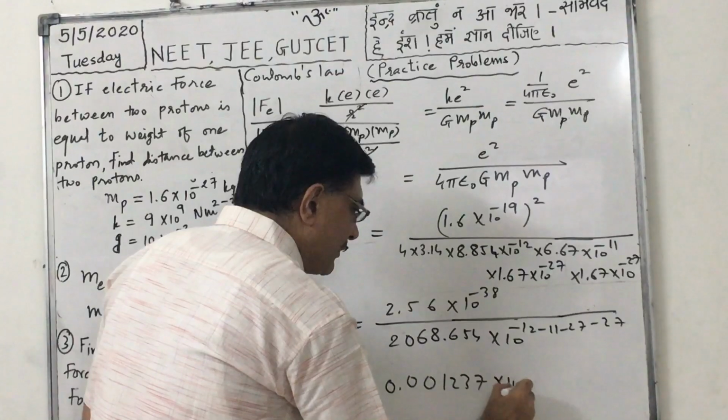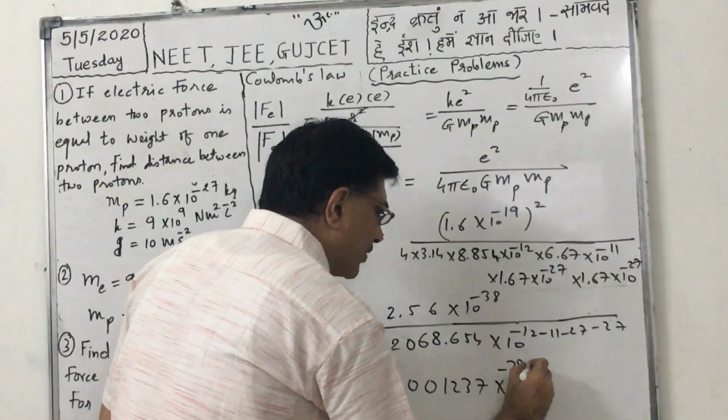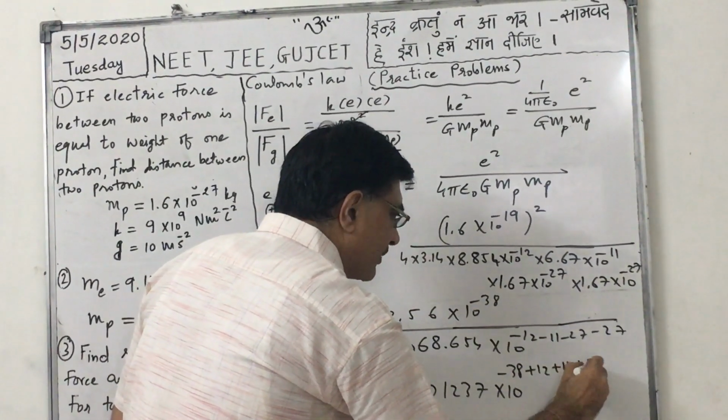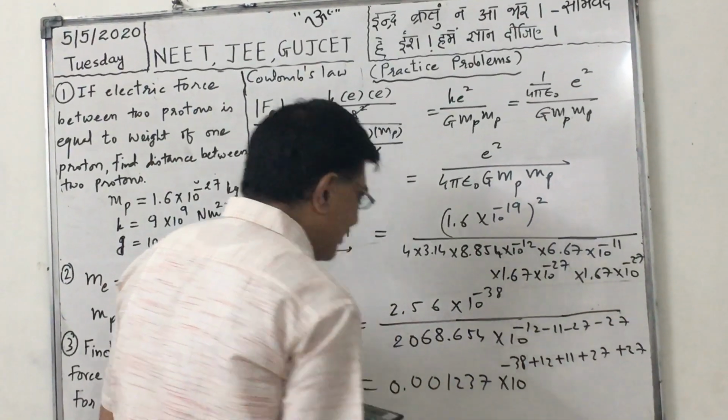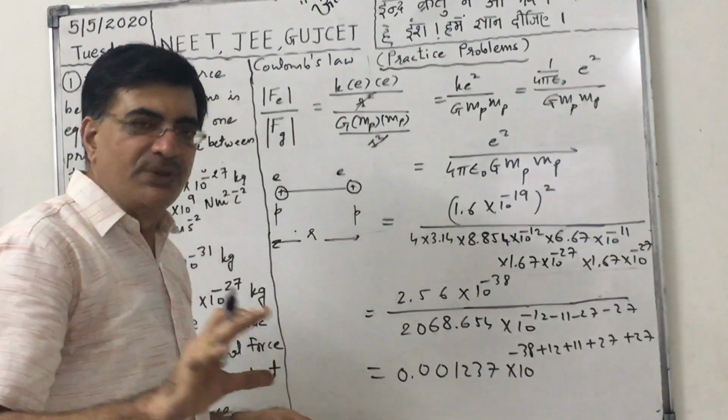0.01237 multiplied by 10 raised to minus 38 plus 12 plus 11 plus 27 plus 27. Again, this is the ratio, so it has no unit, force upon force.